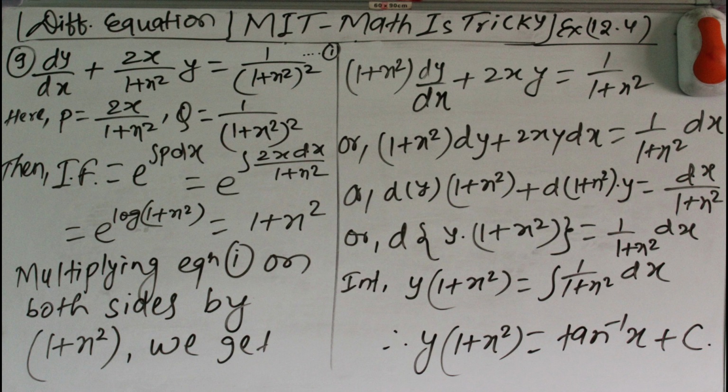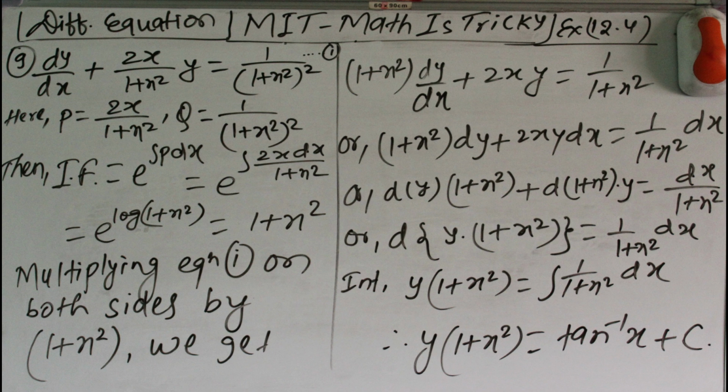Now integrating both sides, we get y into 1 plus x squared equals integration of 1 by 1 plus x squared, which is tan inverse x plus c. Therefore y into 1 plus x squared equals tan inverse x plus c is our answer.